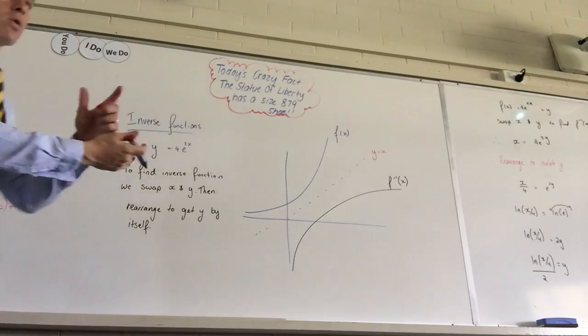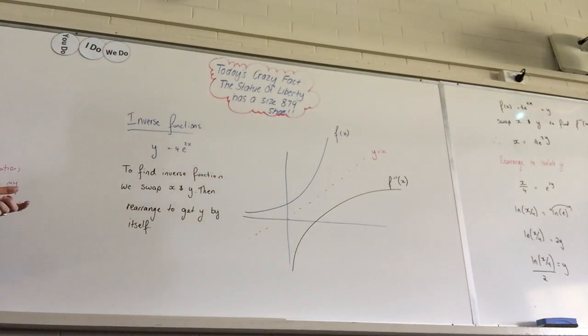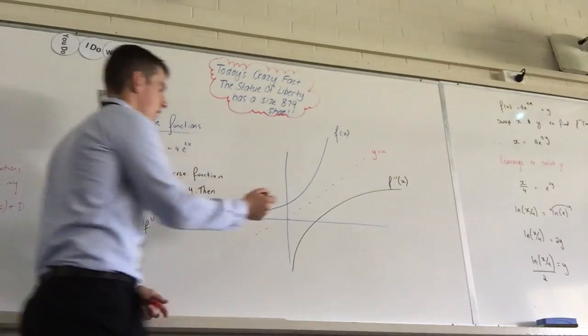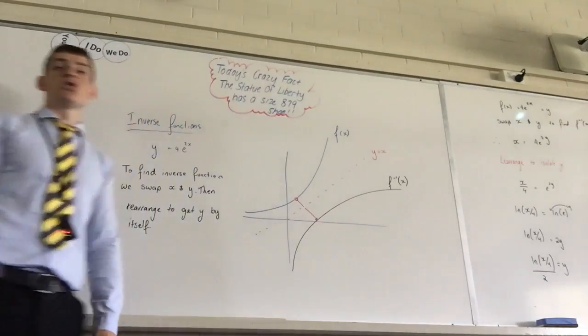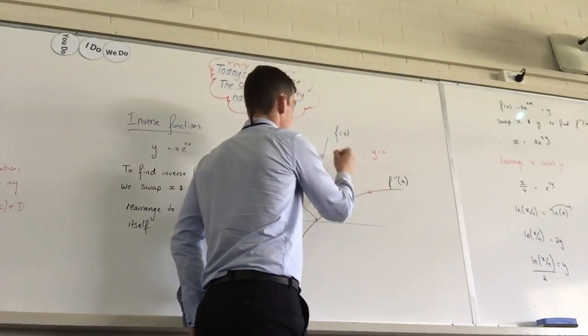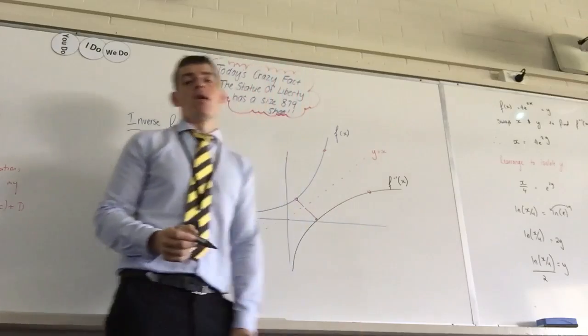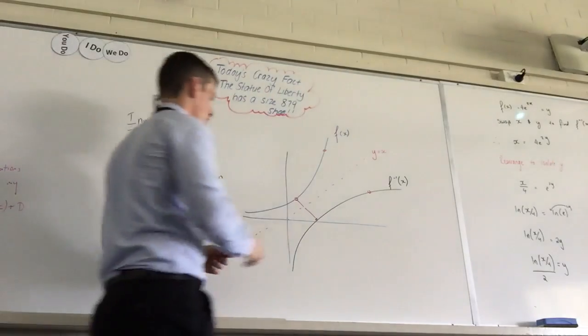Yep, so you basically swap the axes. Reflected. Okay, another way you can think of it is the distance between that point and that point and the line should be the same, shouldn't they? So if I measured the distance between the points here, they should be about the same. Why are my points not exactly the same? Because I've redrawn it and haven't done a really good job of it.